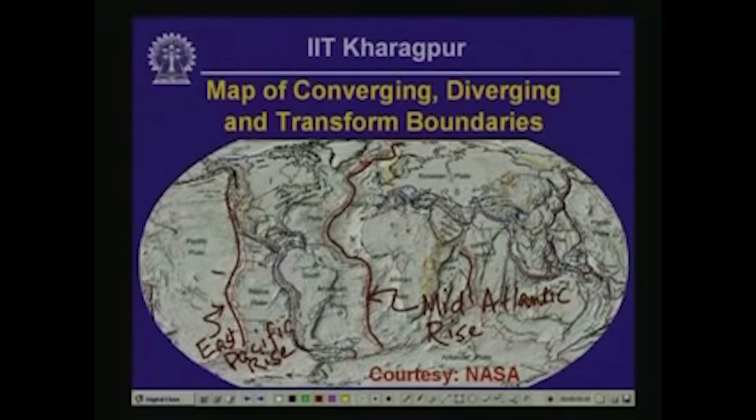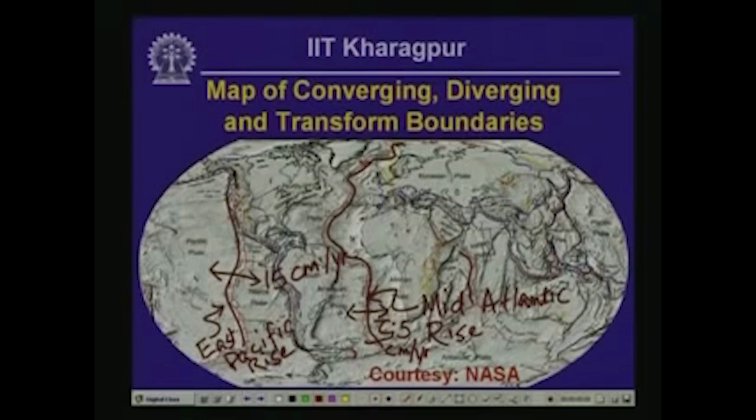Now the rate of spreading at East Pacific rise has been estimated to be about 15 centimeter per year, and that is one of the largest spreading rates that has been estimated anywhere on the surface of the Earth. In comparison, the spreading rate at Mid Atlantic rise is about 3.5 centimeter per year.